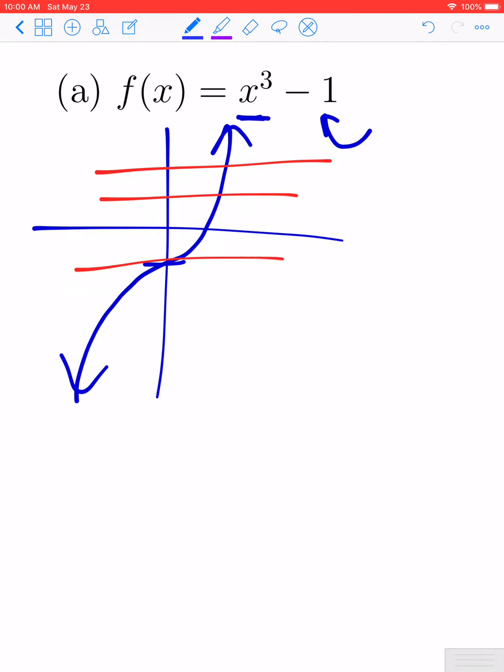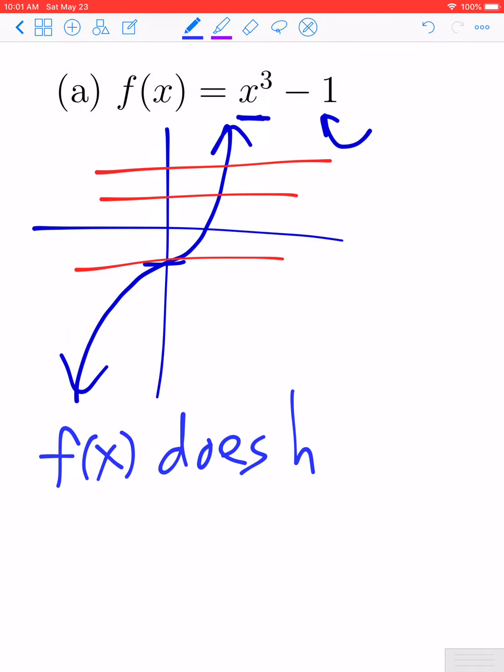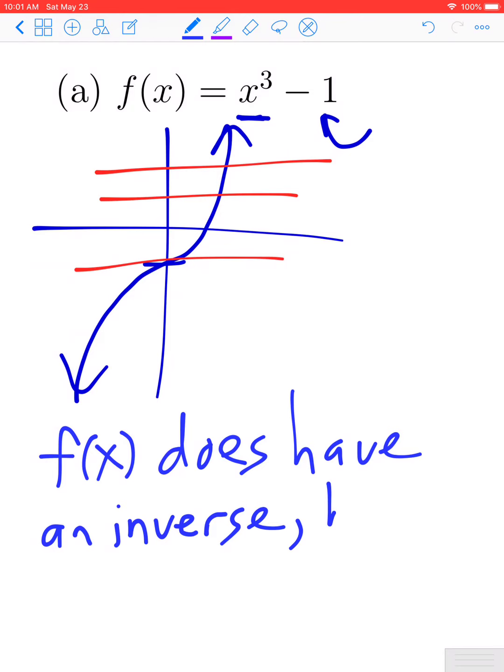So we could say that it is one-to-one, and therefore f of x does have an inverse. And if you're trying to explain your reasoning, we would be quoting by, I'll abbreviate it, the HLT, horizontal line test.